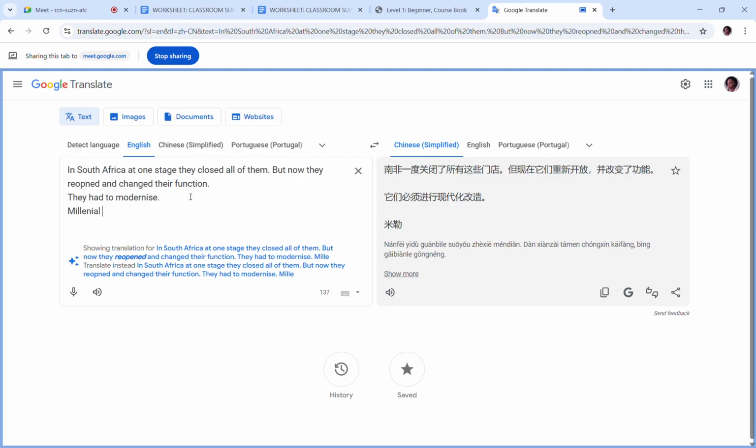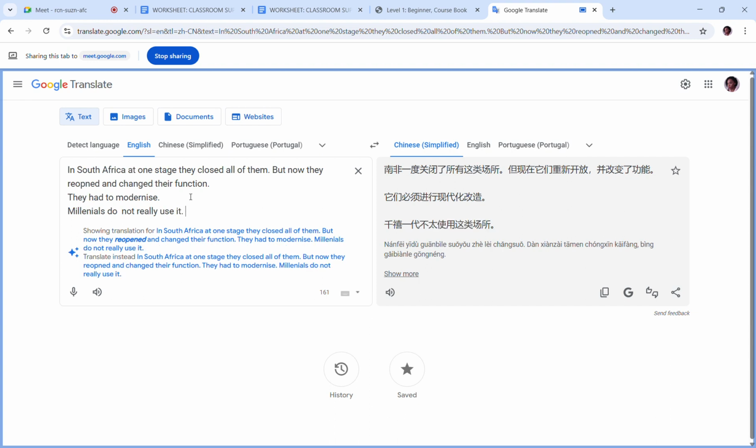Millennials do not really use it. They use online shopping, etc. They use digital, yeah, mostly digital, you know.